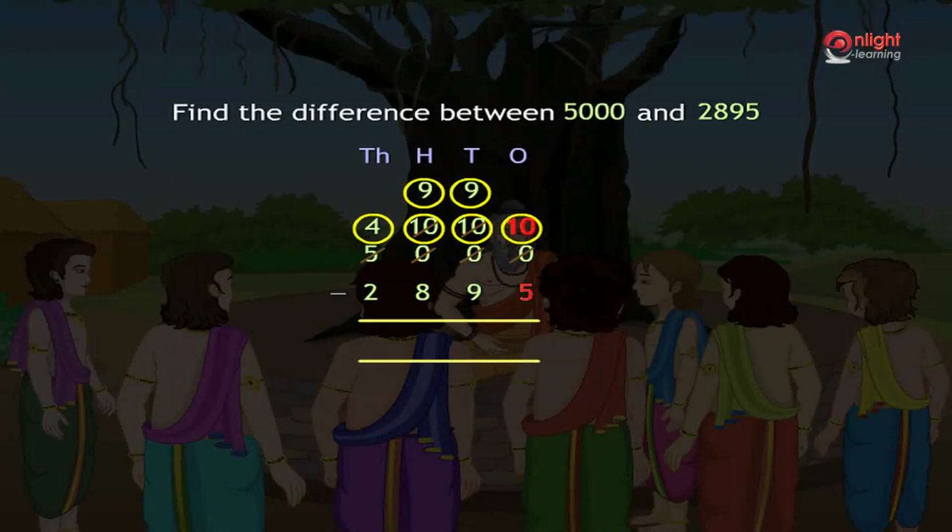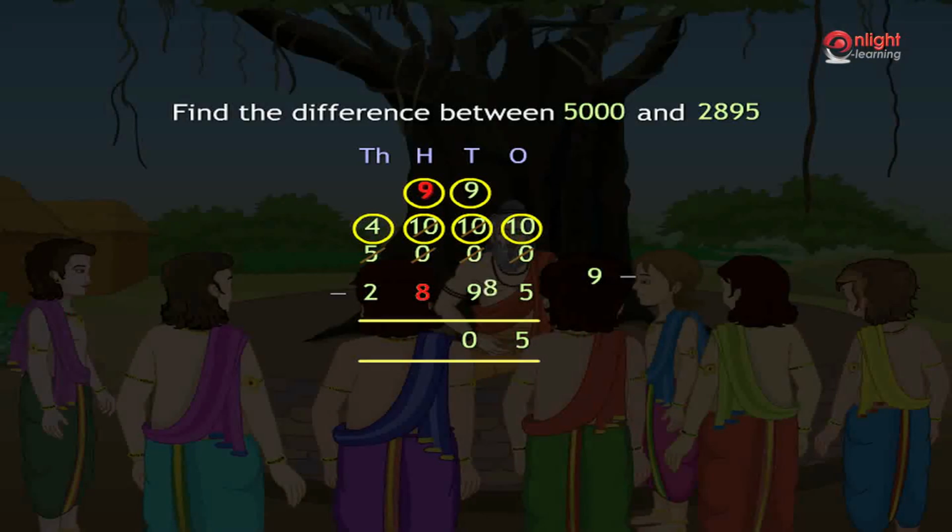Starting from ones place, there is 10 and 5 in ones place. So 10 minus 5 equal to 5. Then in tens place we have 9 and 9. So subtracting 9 from 9 we get 0. Then in hundreds place we have 9 and 8.